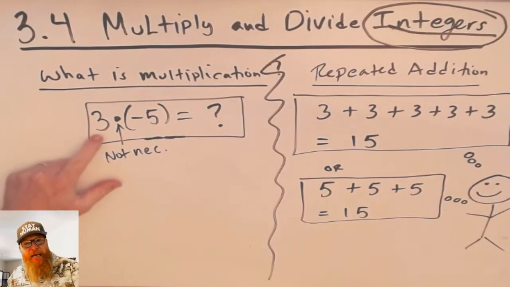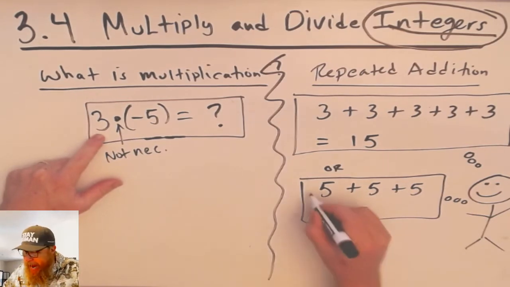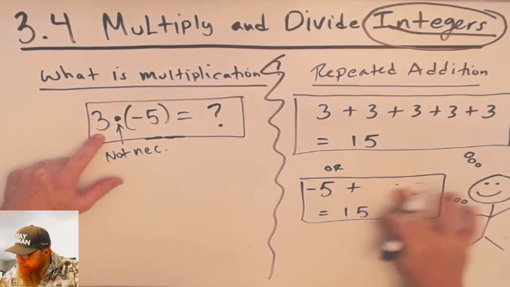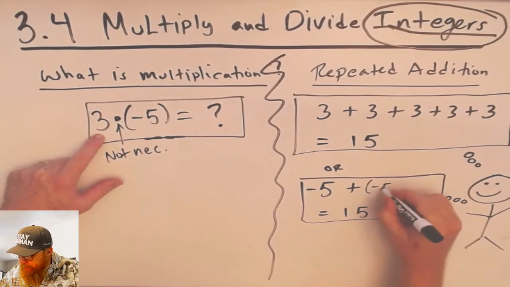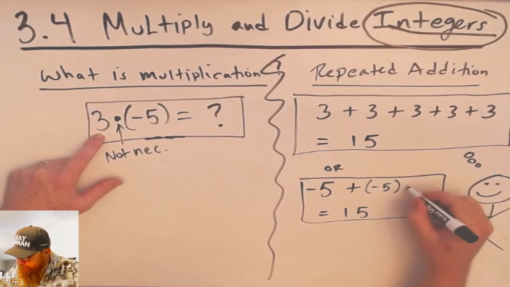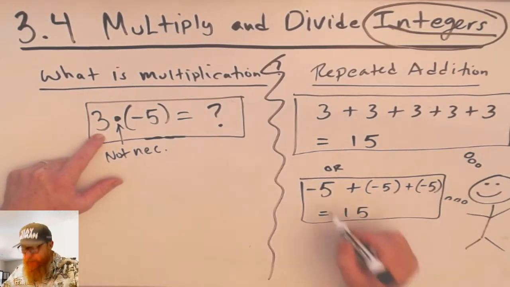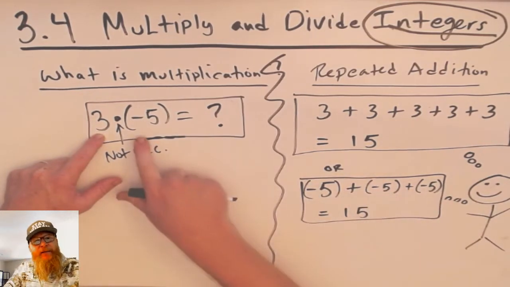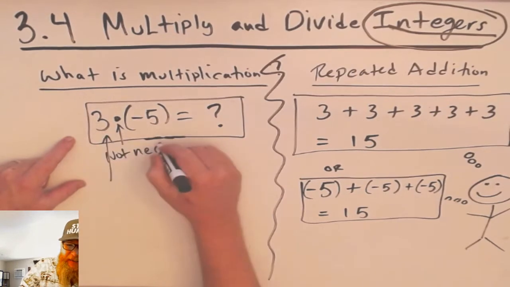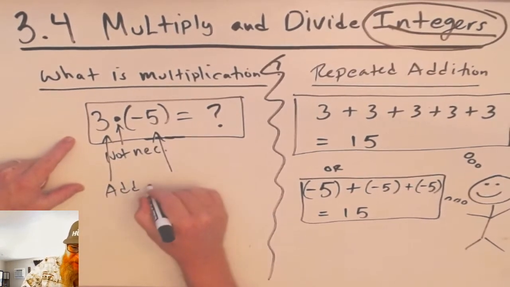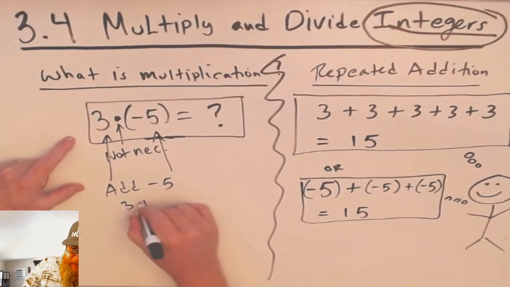So what does this mean? This means add negative 5 3 times. That's what that means. That means you're going to add negative 5 3 times.